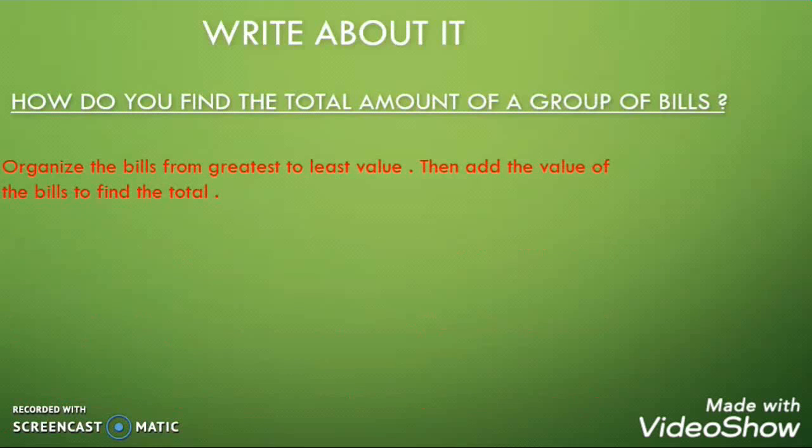What is the meaning of greatest? Yes, the biggest thing or the biggest number or the highest one, to the least value, the smallest one. Then add the value of the bills to find the total.